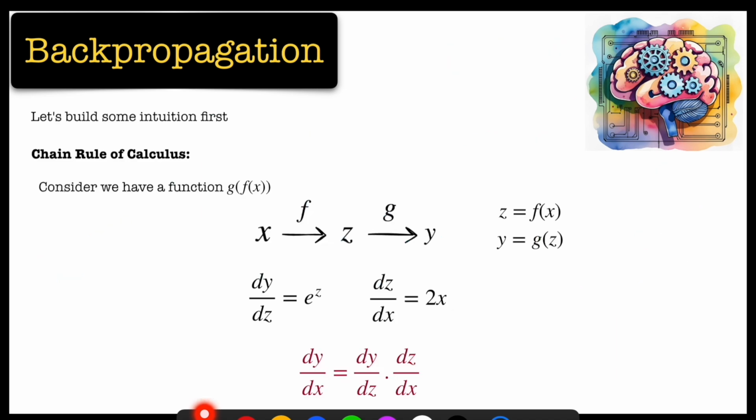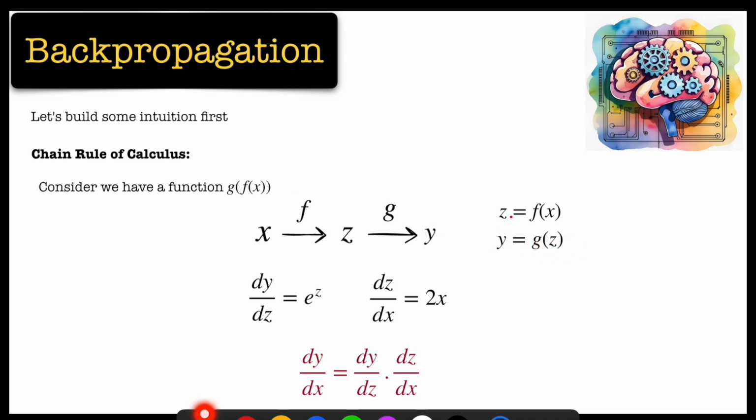Before going there, we'll build some intuition. We'll see the chain rule of calculus that we probably studied in school. Consider a function g of f of x. Let's say z is f of x and y is g of z.